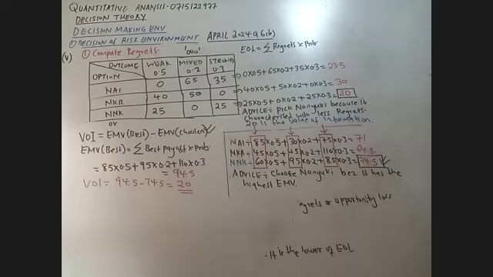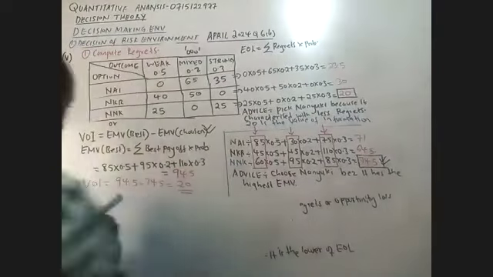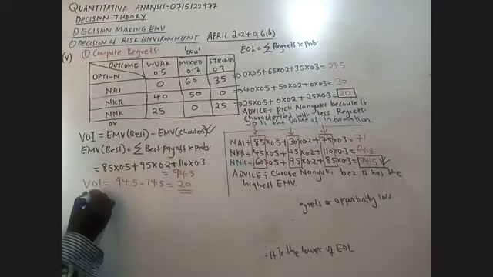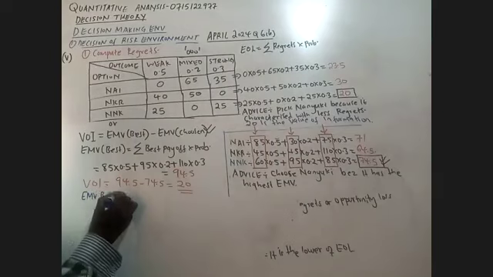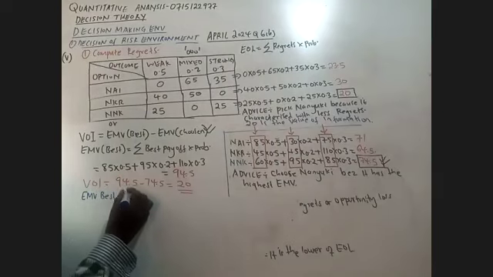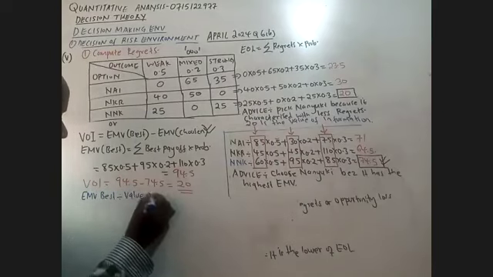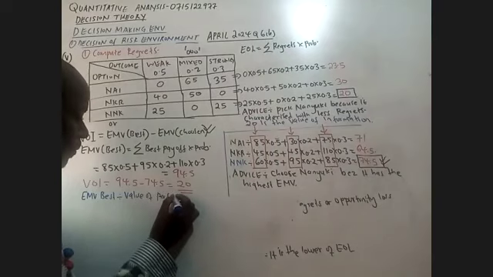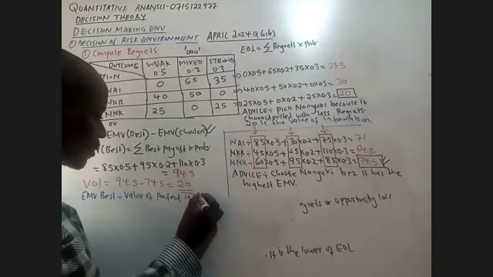Now for coefficient of variation, we shall do it when we'll be doing another question. Now this one, let me show you something. EMV best is also called value of perfect information.